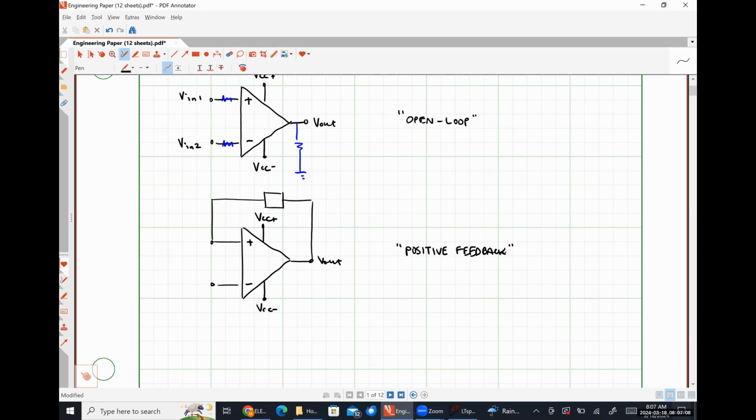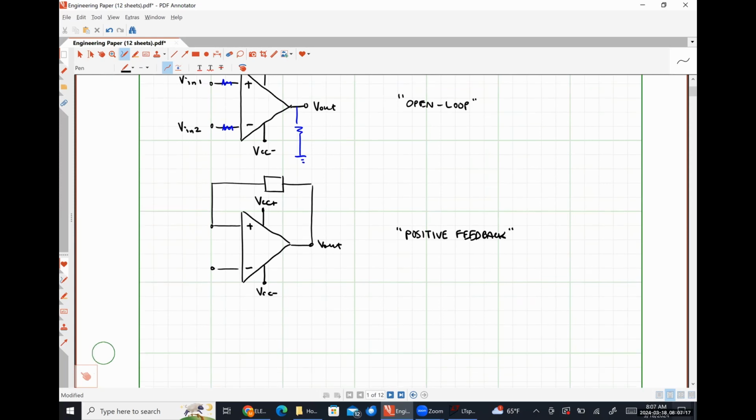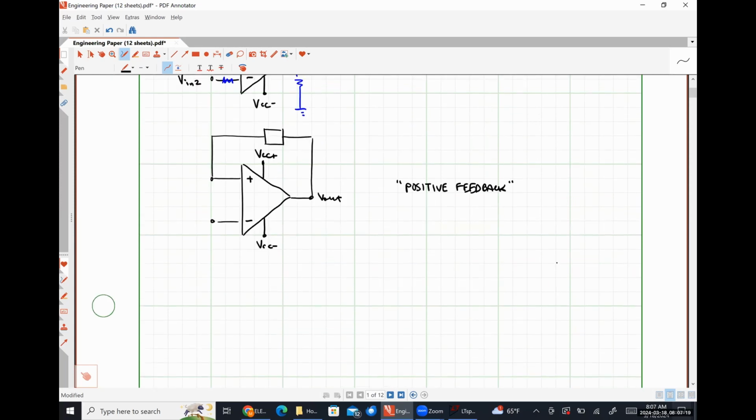So in an electrical system like we have, positive feedback is going to have two very important consequences, and we're going to see these in action in Wednesday's lecture. The first of which is we have a decreased linear range, as compared to open loop.